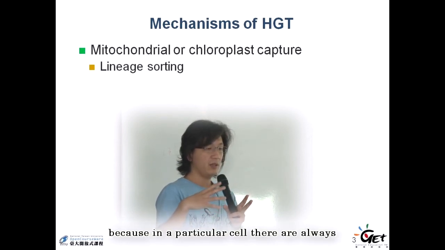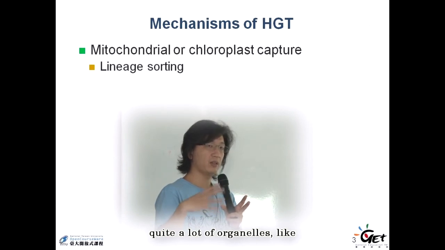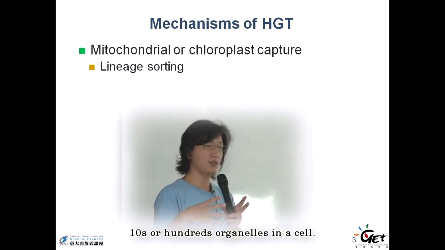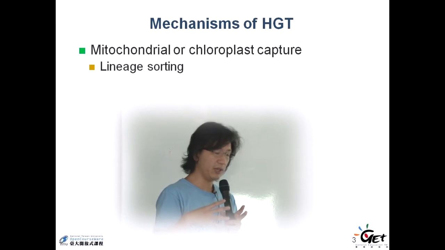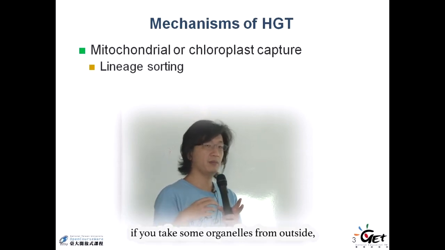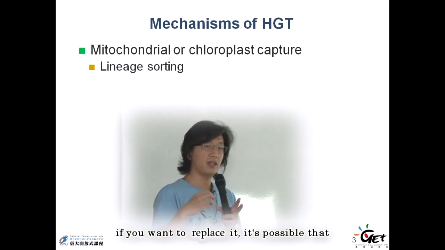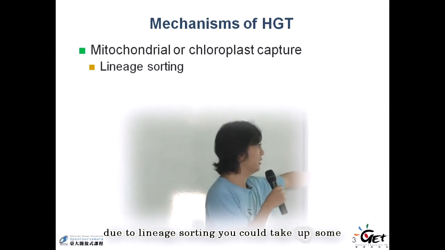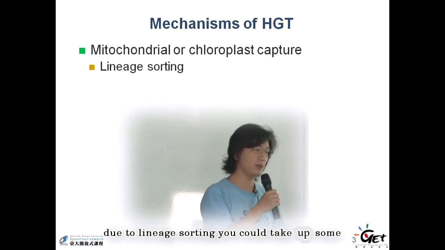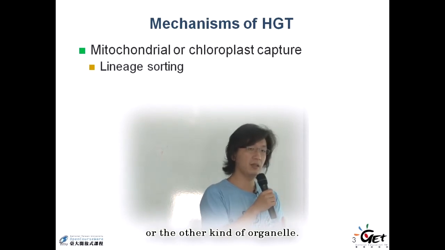In a particular cell, there are always quite a lot of organelles, like tens or hundreds of organelles. When you take up some of the organelles from outside, if you want to repress it, it's possible that due to lineage sorting, we could take up one kind of organelle or the other.